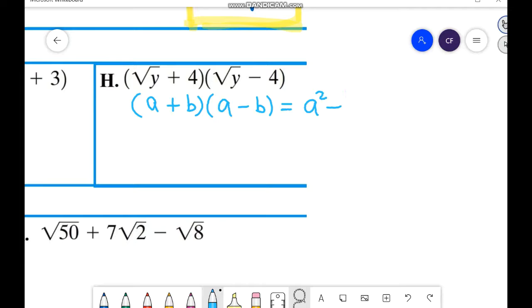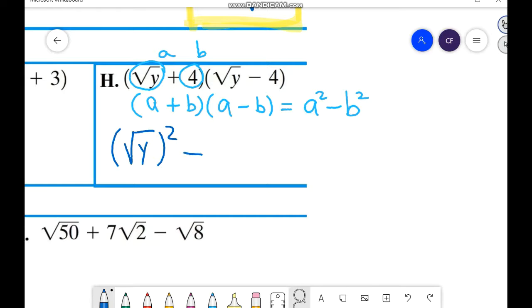A squared minus B squared. This is the formula, the special case, which is the difference of perfect squares. We can call this A and that one B, and then we apply the formula. We're going to have square root of y squared minus 4 squared. And this equals y minus 16.